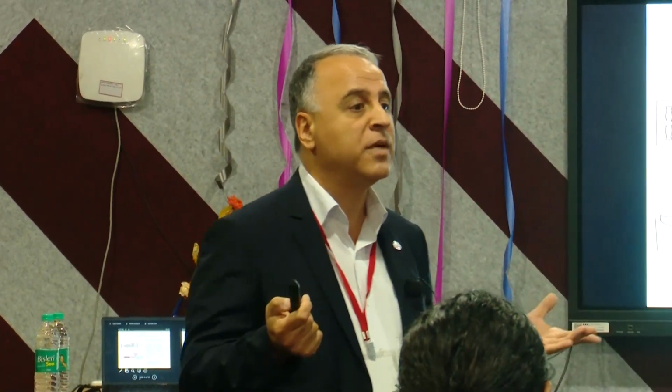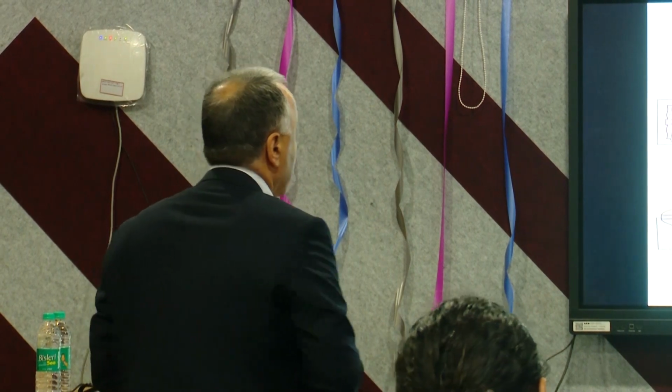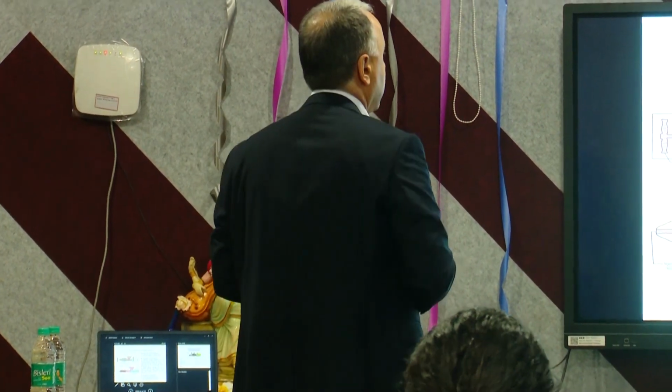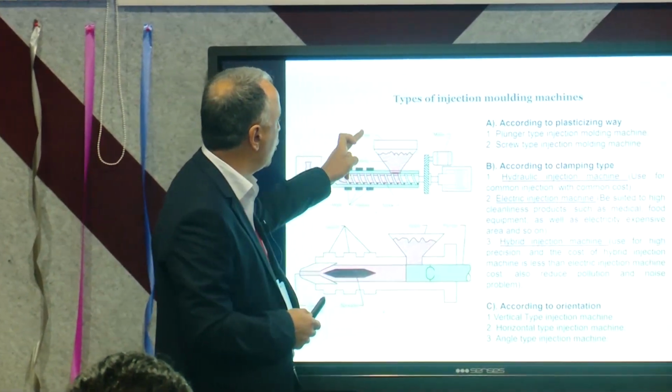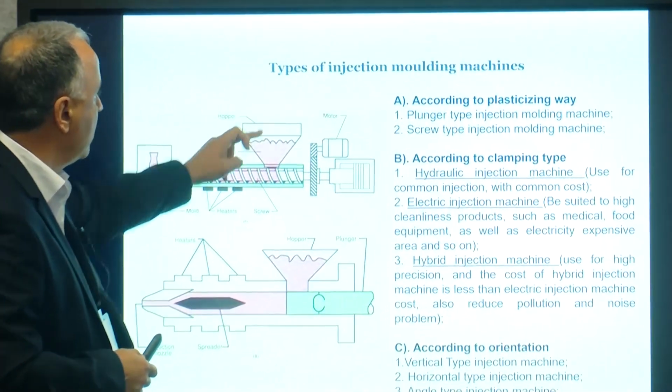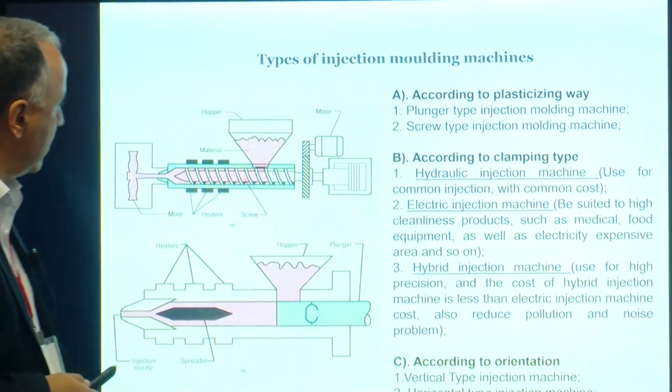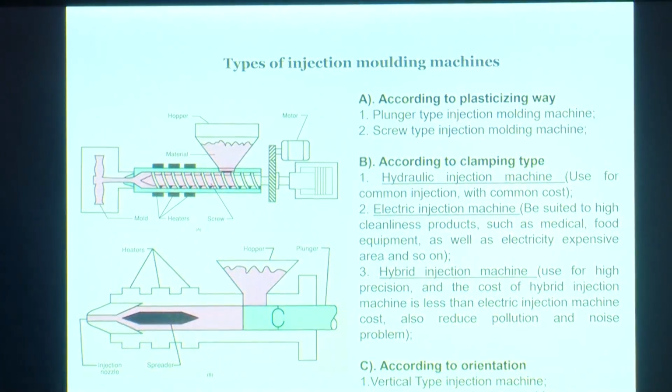I mean with 2 cylinders, one horizontal and one vertical. It's quite good because we can get different parts with different materials. You can see here the machine with the screw type, and the machine with the plunger type.